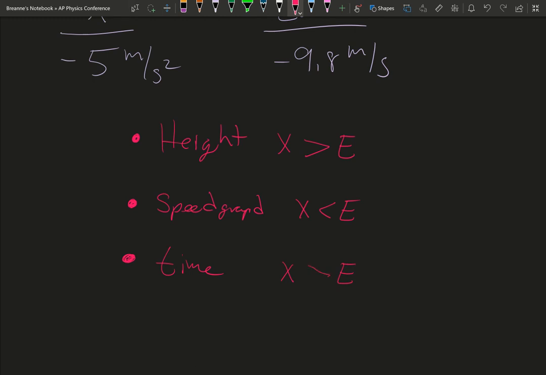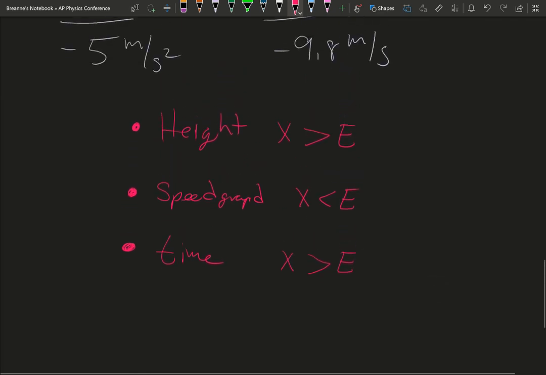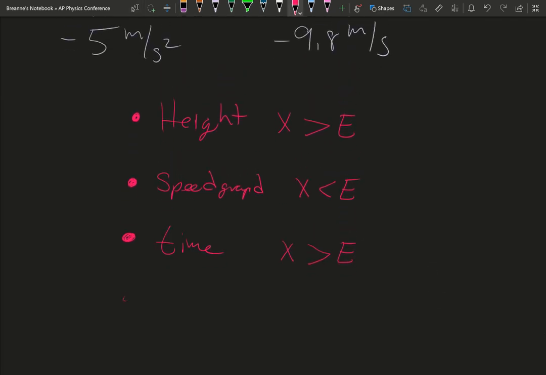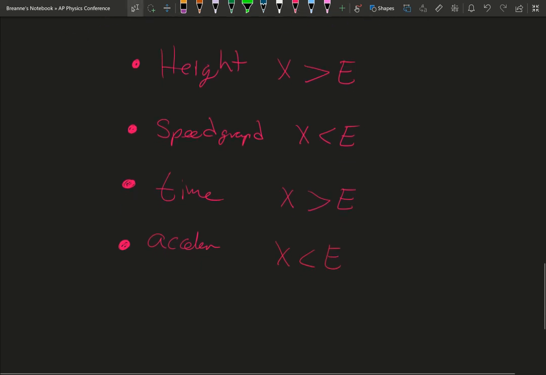It's going to be in the sky longer for planet X versus Earth, because again, the acceleration isn't as high, so it's not going to pull it down as quickly compared to our 9.8, which is almost double. And then acceleration. Of course, Earth has a greater acceleration.